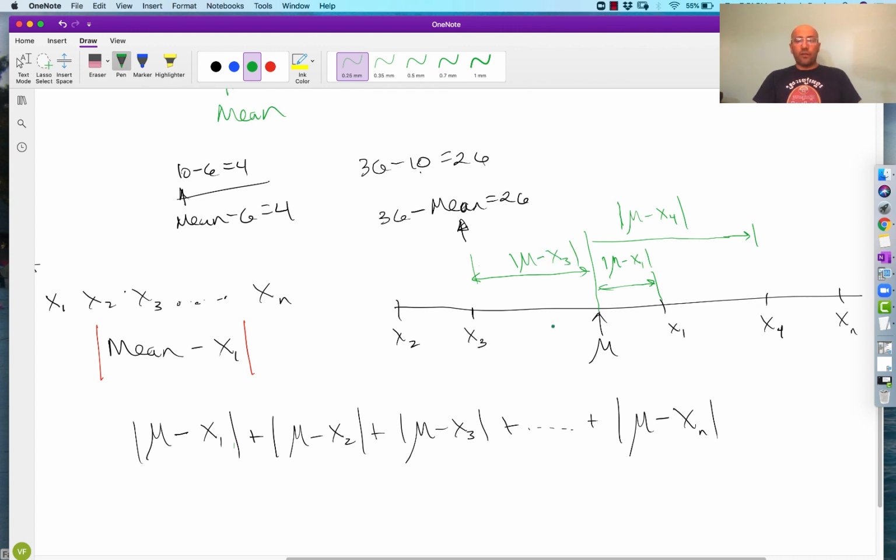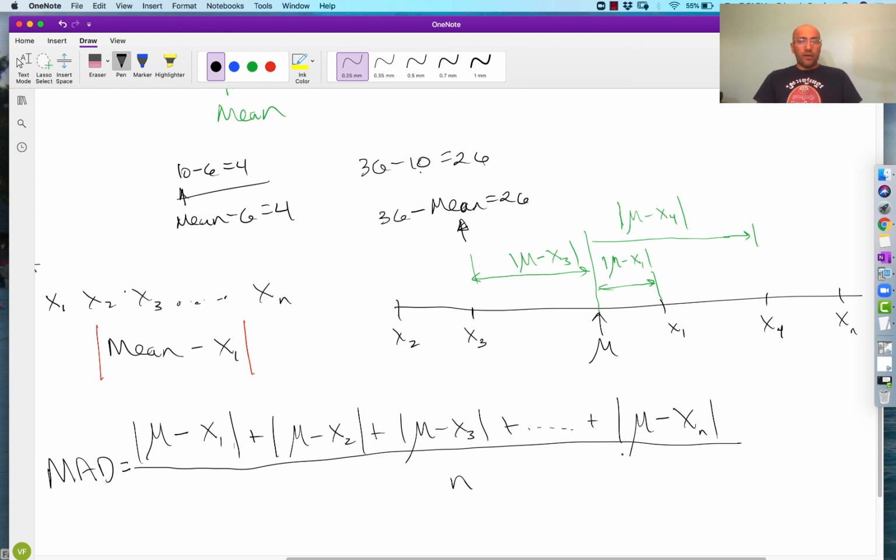And so we do that for all of them. Once we get them all, these all represent the distances that each number is away from the mean. We add them all together and divide by the number of entries, n, right? There's n of them. And that will give me my result for MAD. MAD is equal to this formula right here.